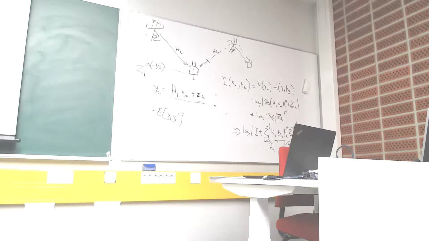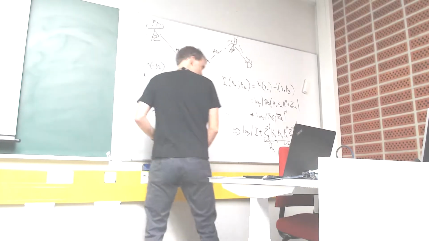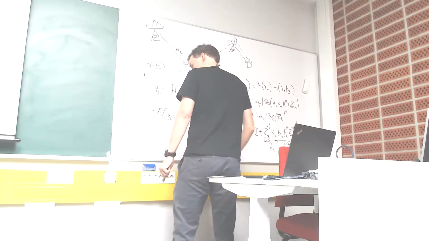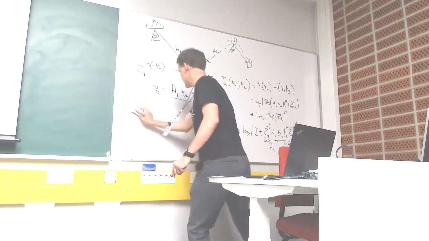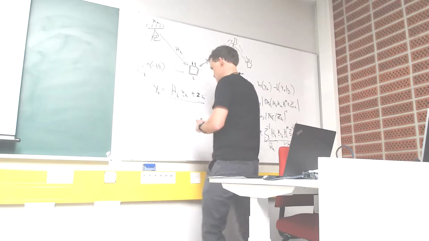Now when you plug that in here, you get the point-to-point MIMO expression. And then we have the solution. With the SVD of this, the optimum KX has the structure as we said last time.